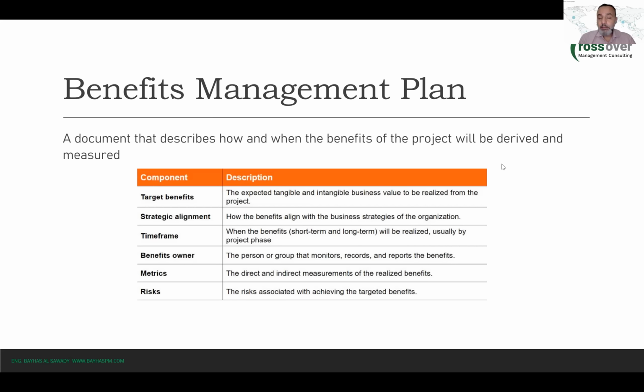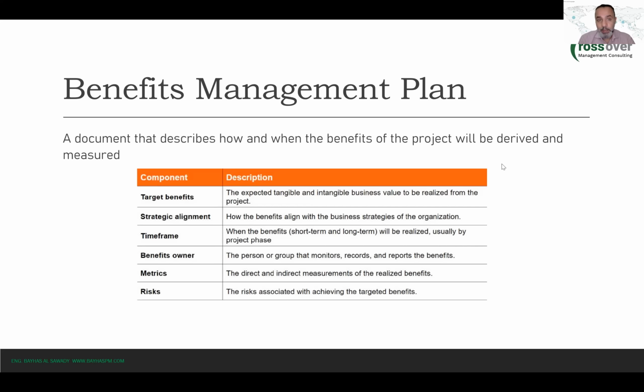Again, it's not the project manager who develops the benefits management plan. It's basically a business analyst or a consulting company or a consultant, whether internal or external. But the benefits management plan is a very important input for the project manager.